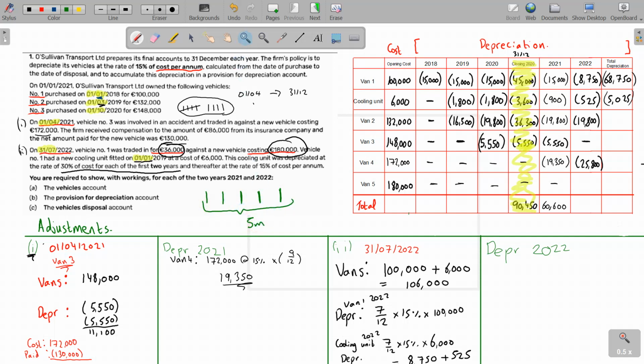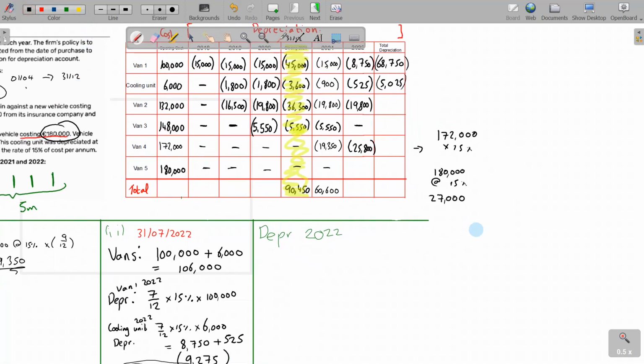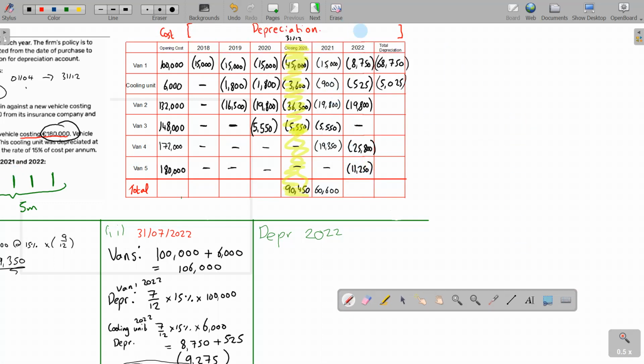5 months. So we go back over here and we said, okay, 27,000 for the full year. We only had 5 of the 12 months. 11,250. We now need to get the total for all of 2020.